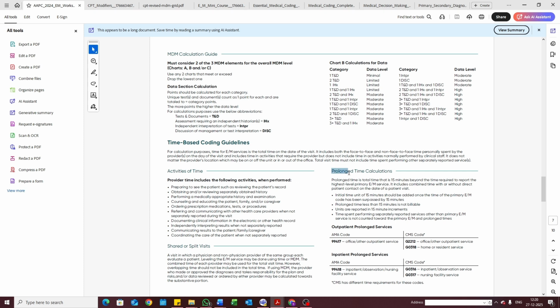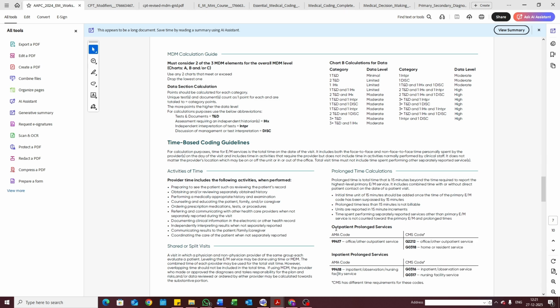This is a long time calculation. See, activities of time, like preparing to see the patient, such as reviewing the patient's record. This is prolonged services for outpatient, and for inpatient it is different. This is for CMS code.